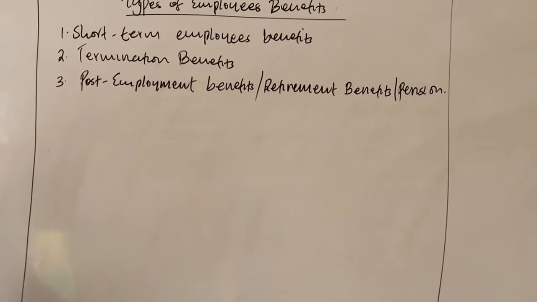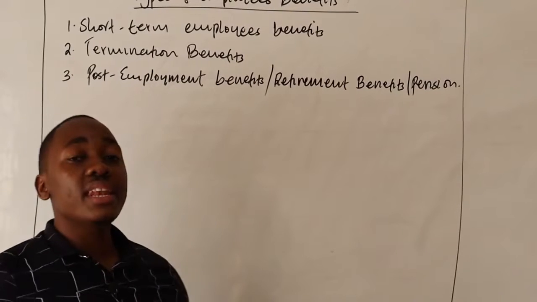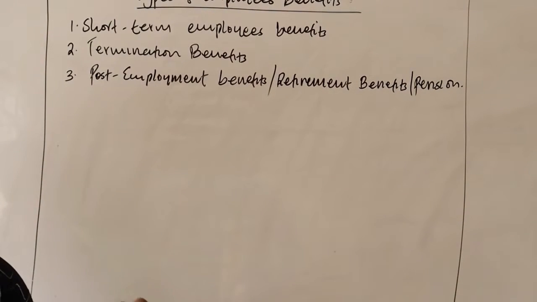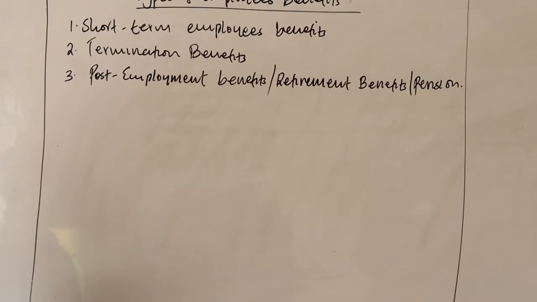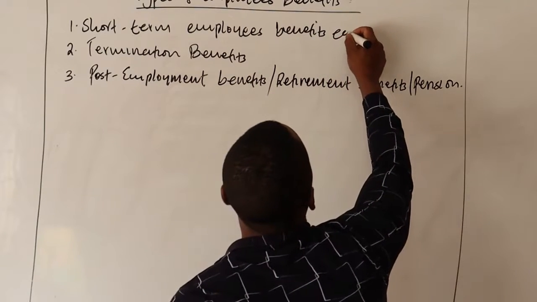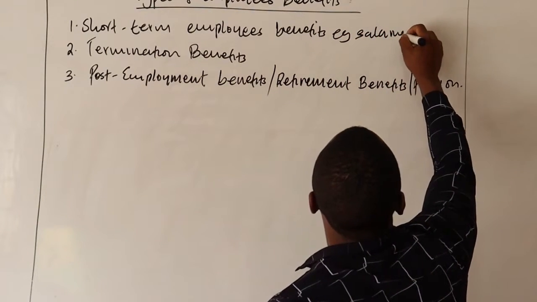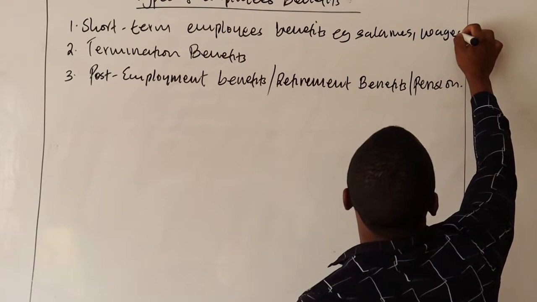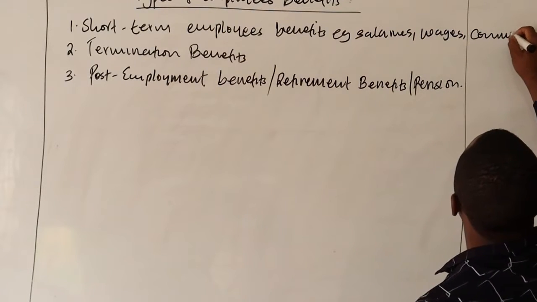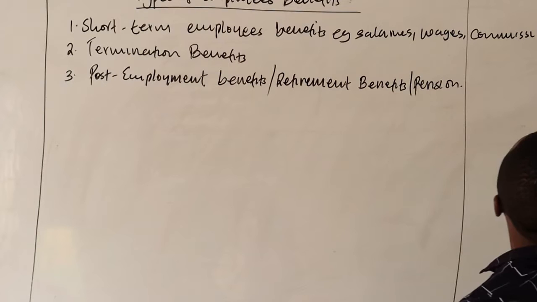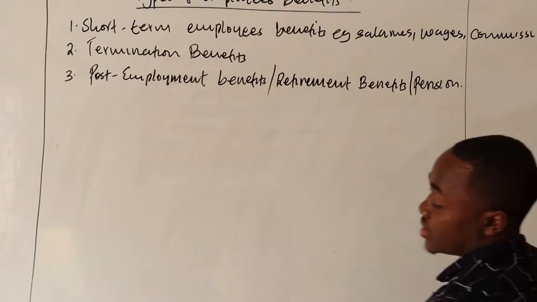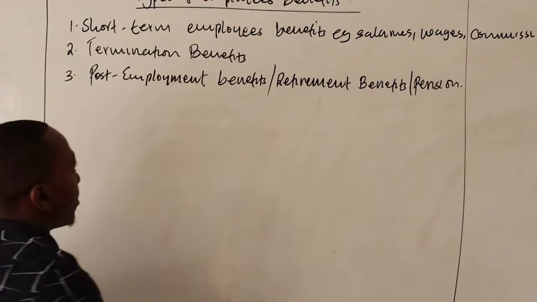They are benefits payable to an employee within a duration of 1 year or within 12 months, such as salaries, wages, commission, bonuses, etc.